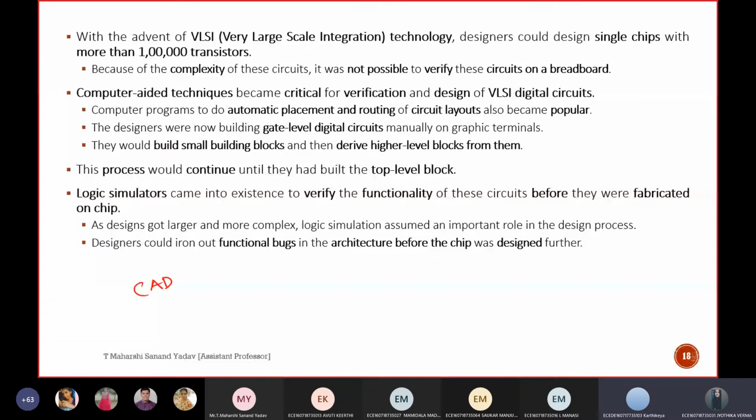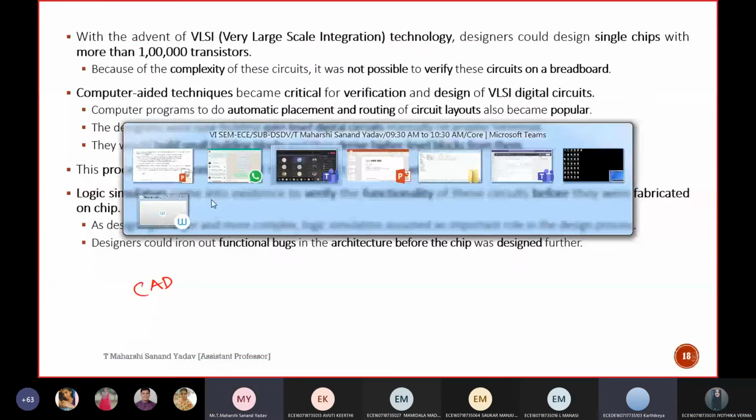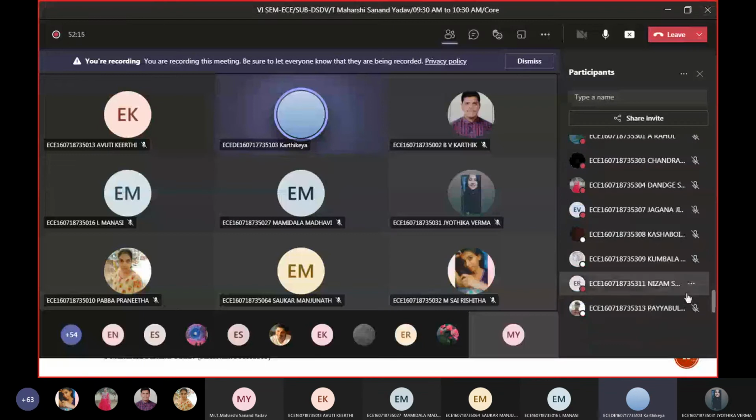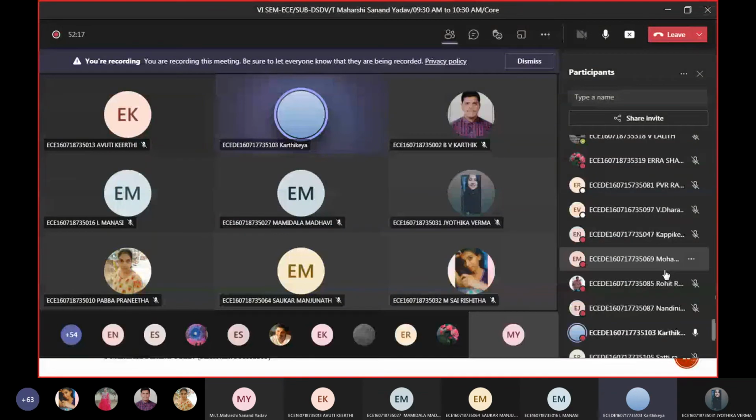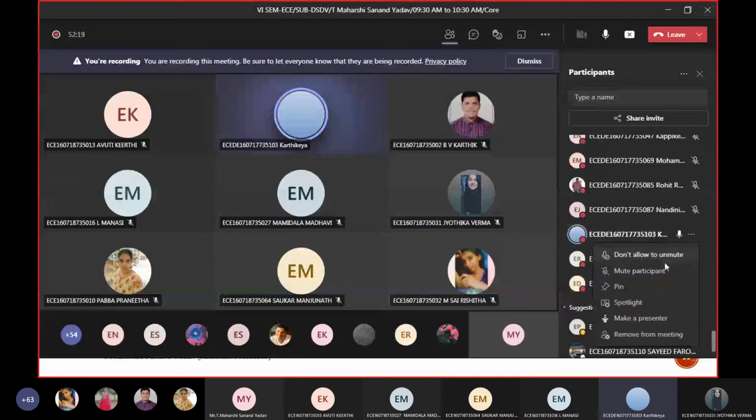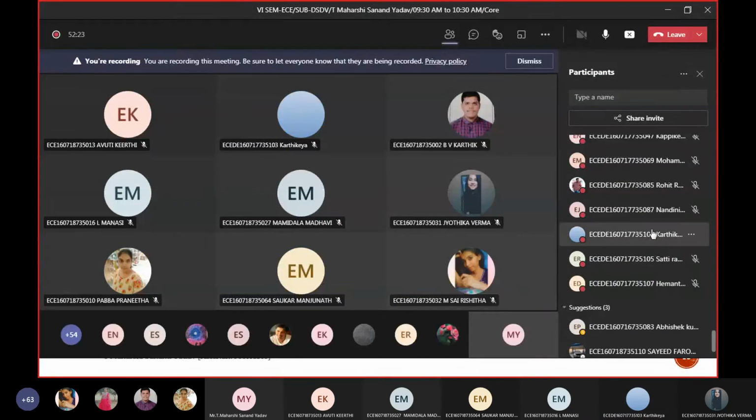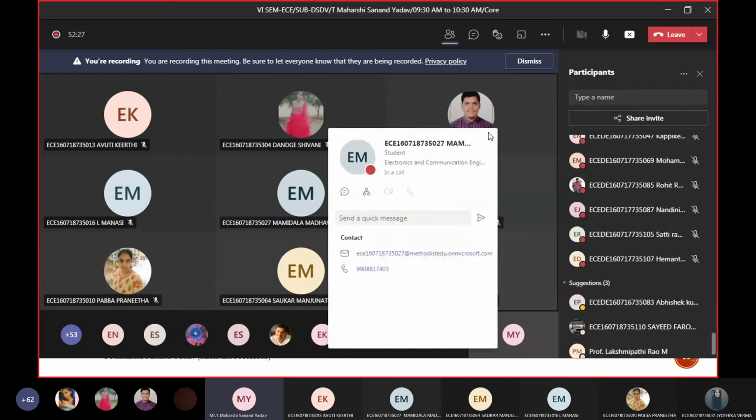Designing and drafting of automated processes. Yes, Jyotika, tell me.